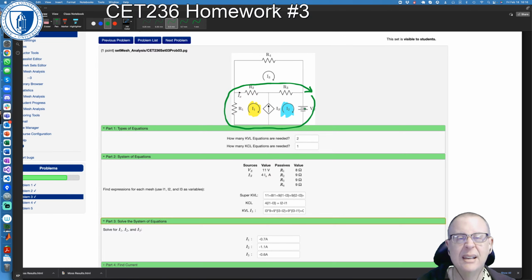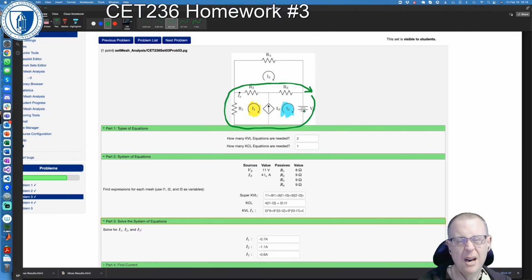around like that. Okay, and now, in addition to the Kirchhoff's voltage law equation for I3, we can do a Kirchhoff's voltage law equation for this super mesh, and then the Kirchhoff's current law equation is going to be for IS and the currents flowing through it.